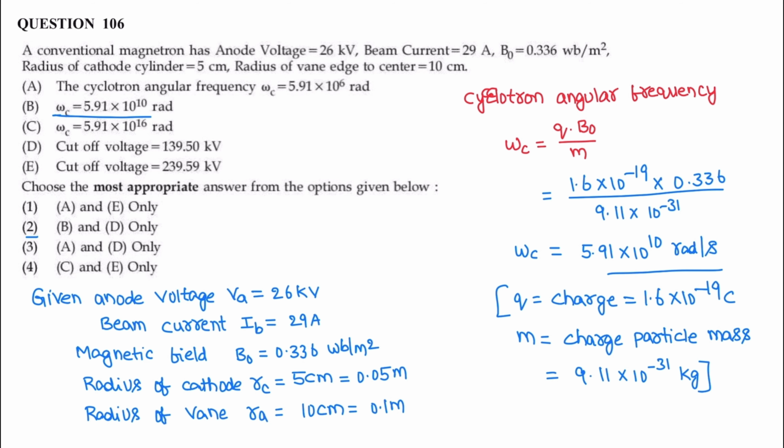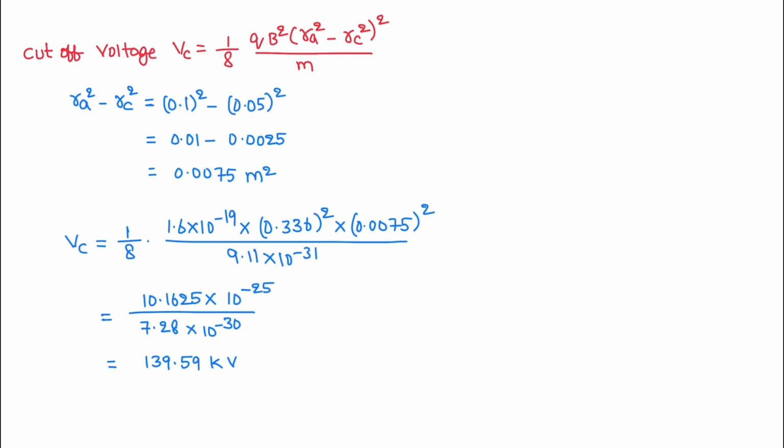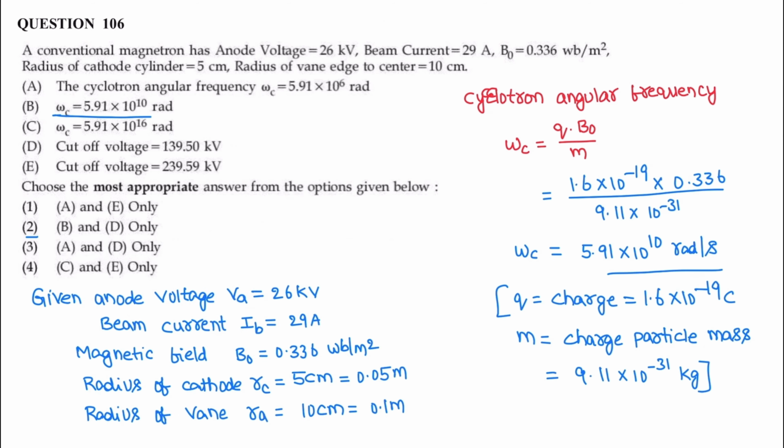Radius of cathode 5 centimeter, 0.05 meter. 0.1 whole square minus 0.05 whole square is 0.0075. 0.0075 whole square. On substitution we will get cutoff voltage Vc is 139.59 kilovolts. Statement D is correct. Therefore correct answer is option 2, B and D only.